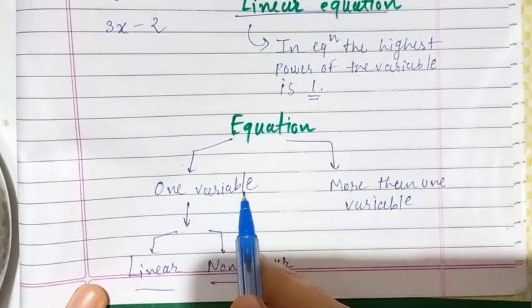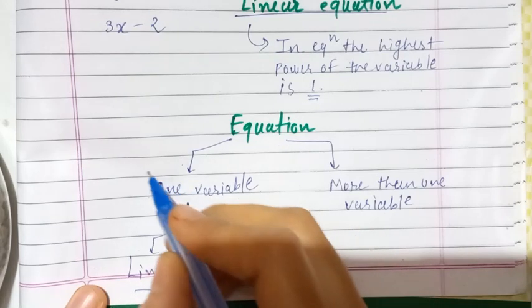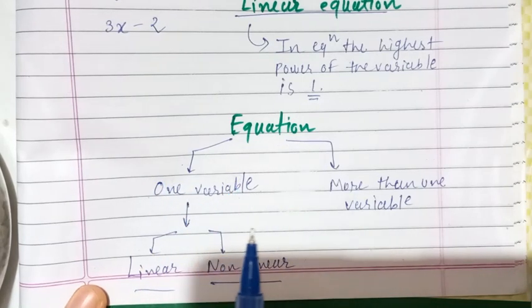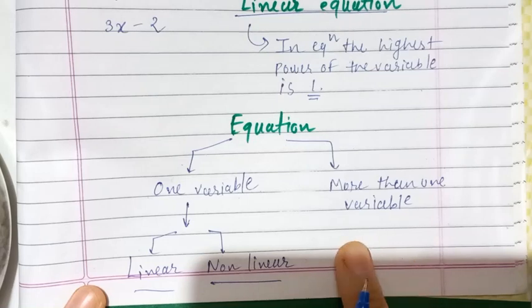One variable does not mean that there is only one variable in the equation. The type of variable is one. For example, x. So there is only one variable, x. And more than one variable means x variable, y variable, different types of variable, not one type of variable.